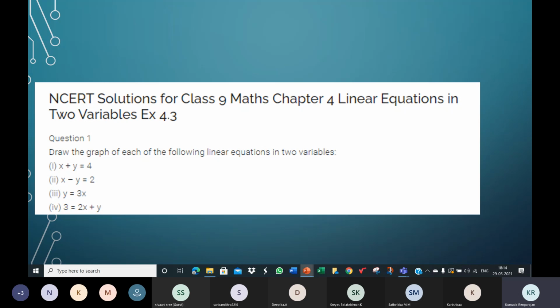Neat one, Sangamitra, good. Your graph is right. Satvika, your graph is also right.